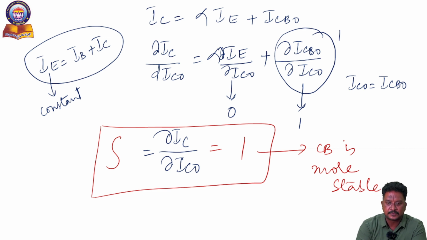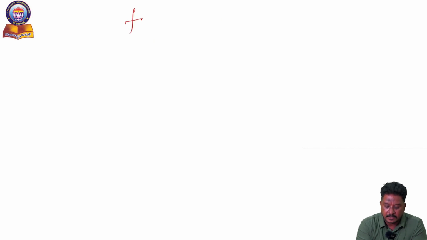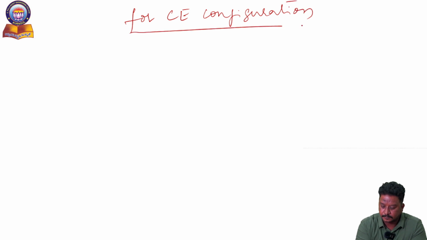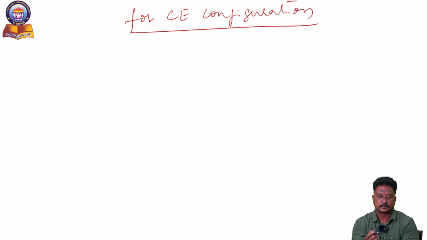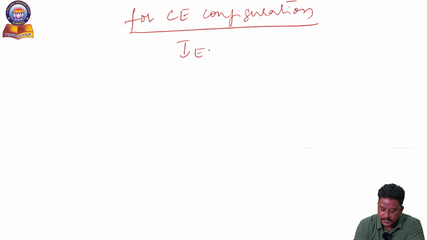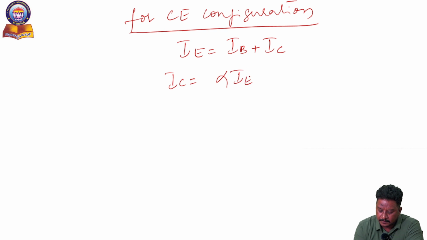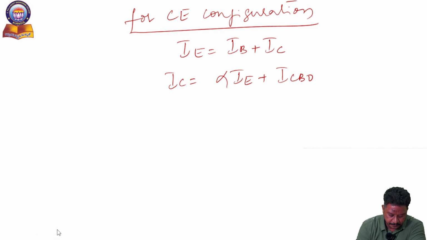Now we will see the transistor equation of the common emitter. For the common emitter configuration, as you know, IE is equal to IB plus IC from the definition of a transistor, and from the common base configuration, IC is equal to alpha IE plus ICBO.